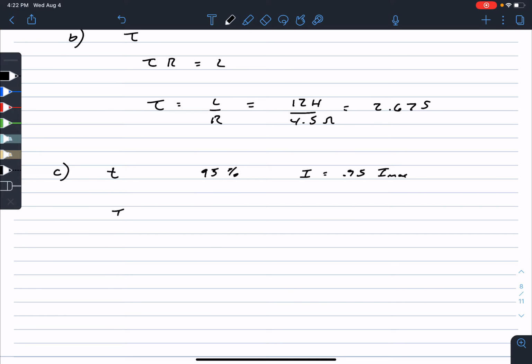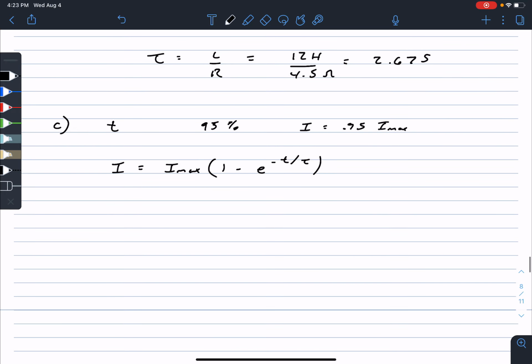We have this relationship that we've seen before, which is also in the summary. I is equal to I max times 1 minus e to the negative t over the time constant. We want to find the time, so we also use our time constant, and we really just have to solve for t and plug in some things.